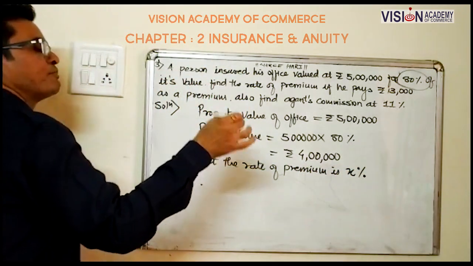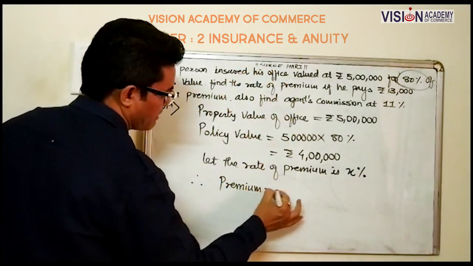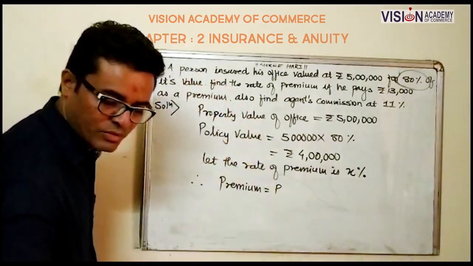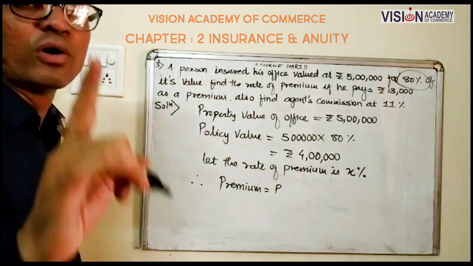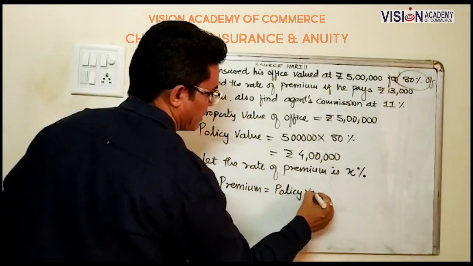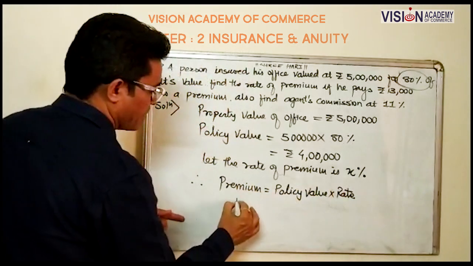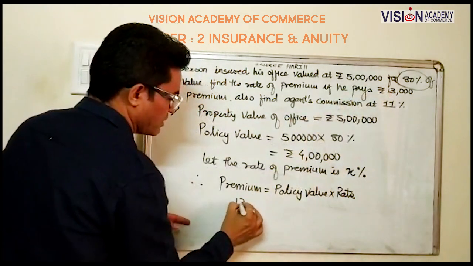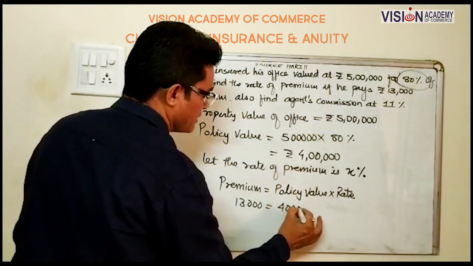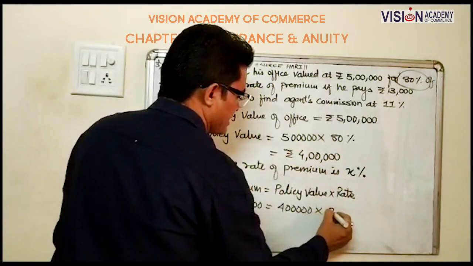With the help of the formula, premium is always calculated on policy value. So premium is policy value into rate. Your premium is rupees 13,000 and policy value comes to rupees 4 lakhs, and the rate is X%.